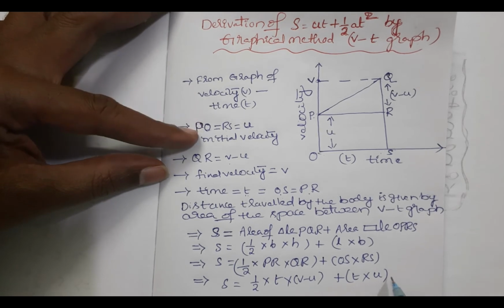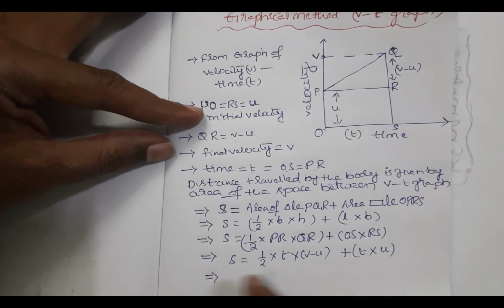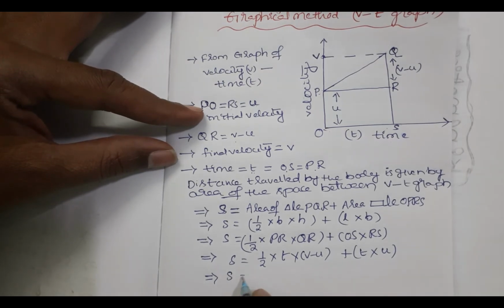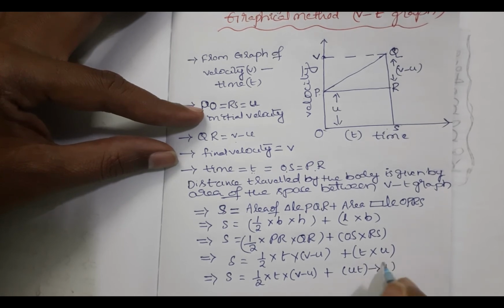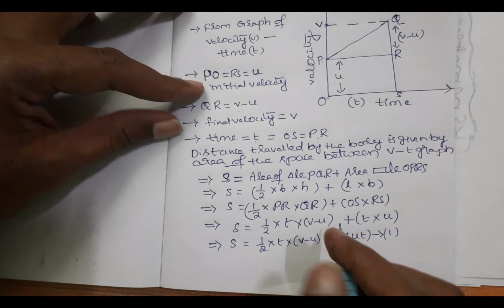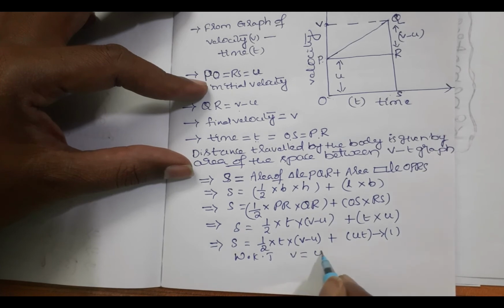So this implies S equals half into t into (v minus u) plus t into u, that is ut. It is equation 1. From the first equation of motion, v equals u plus at.